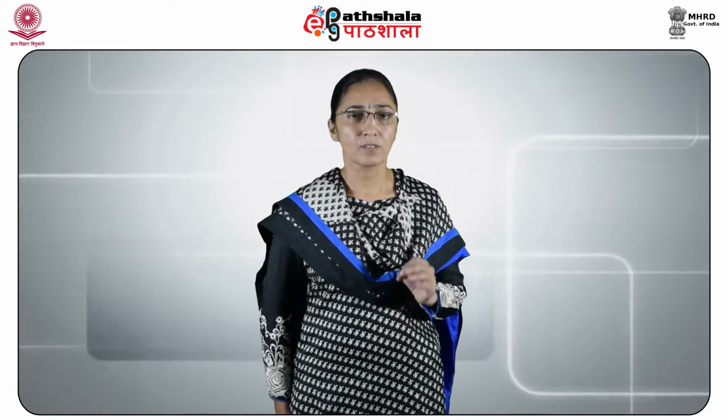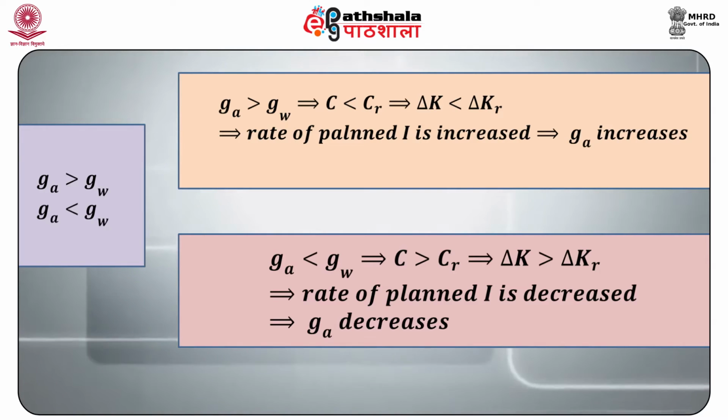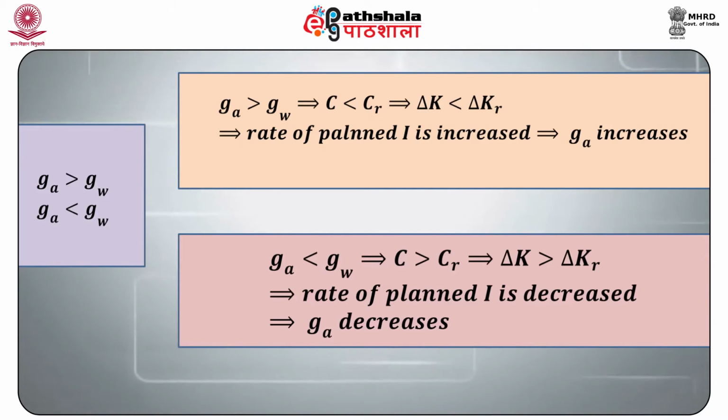Let us consider these two scenarios: number 1, G_A is greater than G_W, and number 2, G_A is less than G_W. Using equations 5 and 6, we may write that if G_A is greater than G_W, this implies that C is less than C_r, or delta K is less than delta K_r.